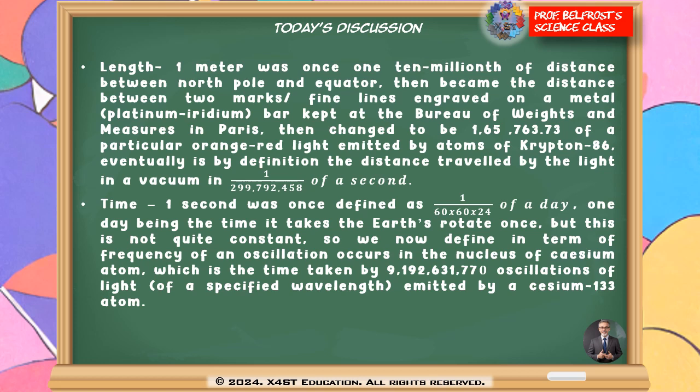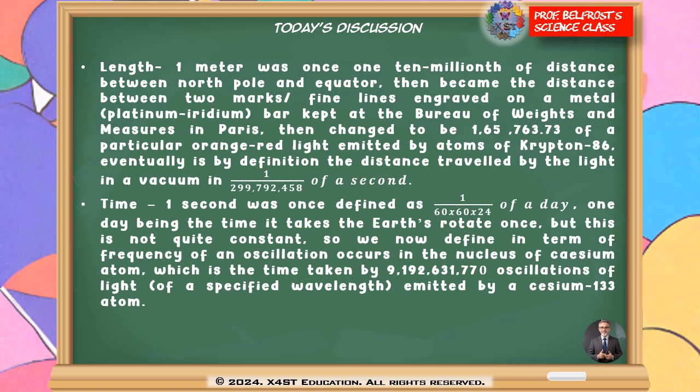Then it changed again to be 1,650,763.73 wavelengths. I'm sorry, the decimal point keeps going missing. I don't know the reason. There is something wrong with the font. Of a particular orange-red light emitted by atoms of krypton-86. This is just one of many isotopes of krypton.